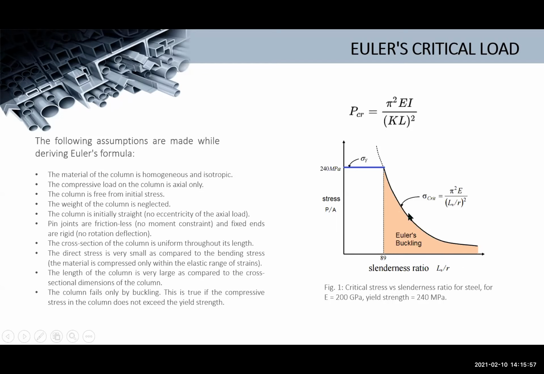This is Euler's buckling, the critical stress, pi squared E over (LE over R) squared. This is the critical load, PCR. And this is what we call the critical stress. Because there are times when the question in the problem is what is the critical force? If that is the question, this is what you will use. And this one is for the critical stress, if the question is very direct.